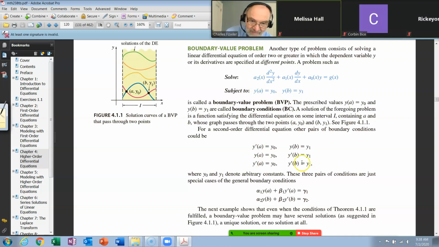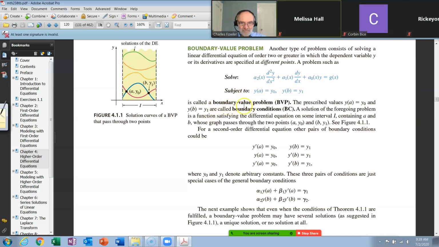They don't always have to be the same values. They're just giving different illustrations. But you would have 2 points, and either the function value or its derivative would be defined at those 2 points. These 3 pairs of conditions are just special cases of this general boundary condition.